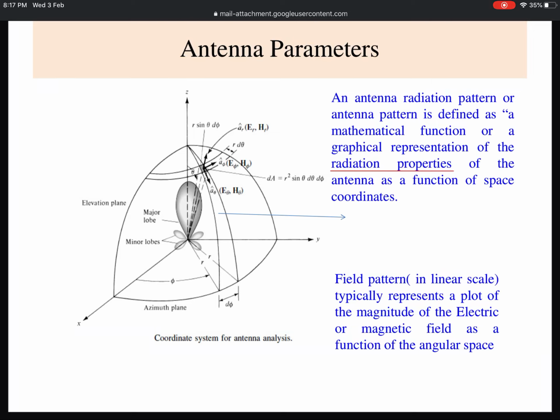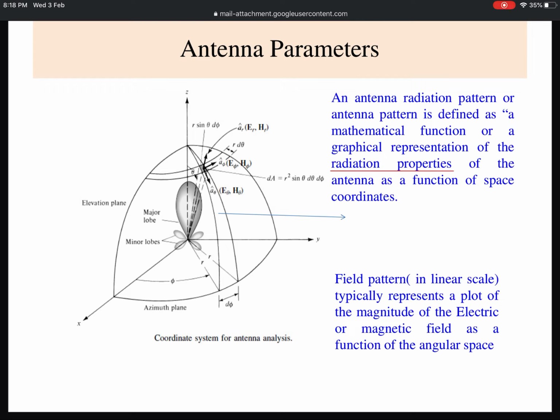Space coordinates means if it is Cartesian, then it will be x, y, z. If it is spherical, then it will be r, theta, phi. And if it is cylindrical, it can be rho, phi, z, depending on the selected coordinate system.